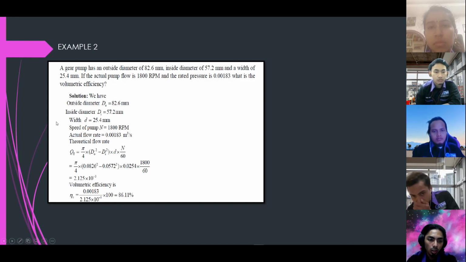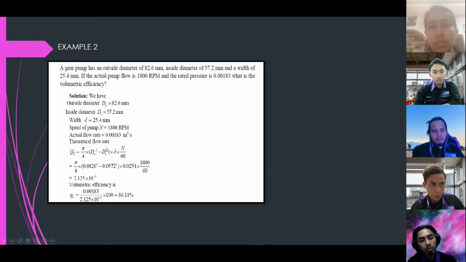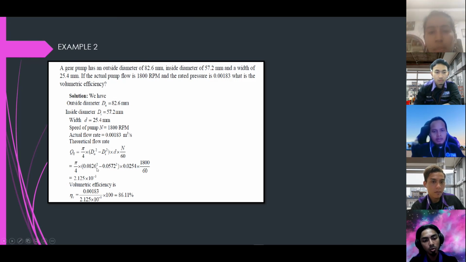First we calculate the theoretical flow rate. Its formula is QT equals pi over 4 times outside diameter squared minus inside diameter squared, times width, times N over 60. Then we calculate the volumetric efficiency and you get the answer 86.11%.